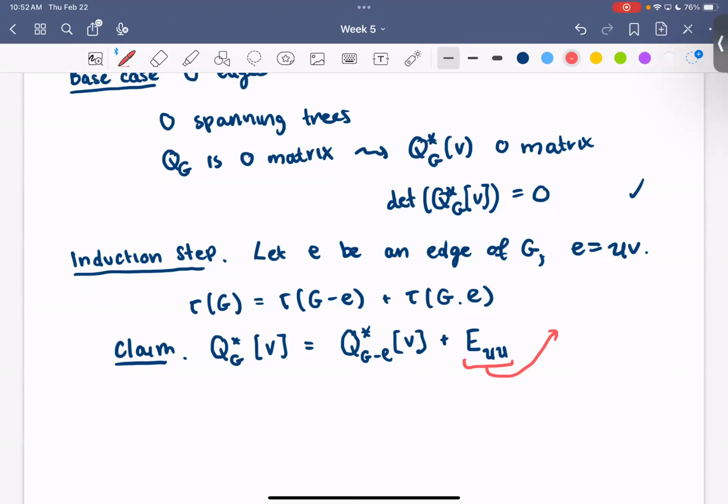So, okay, let's think through this. So this is a 0 everywhere except in the UU entry.